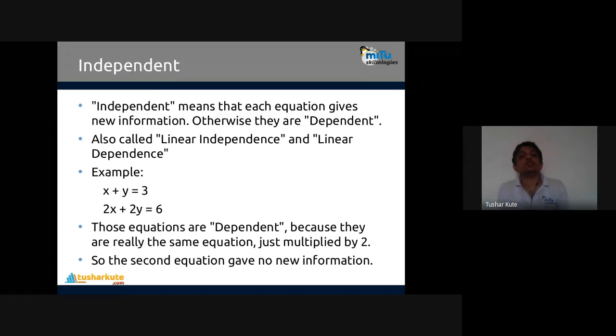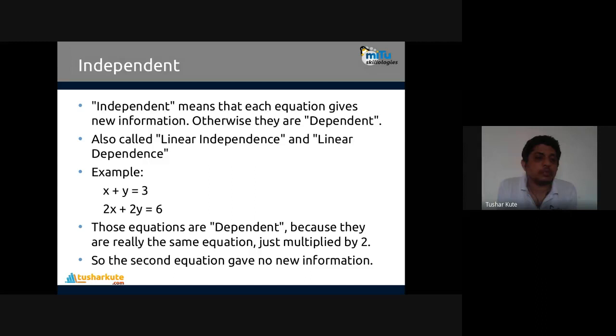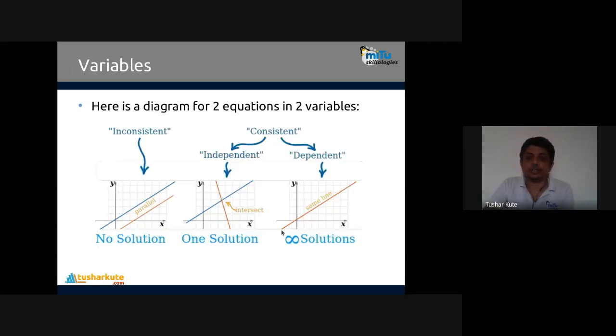I multiplied x by 2, y by 2, and 3 by 2. The second equation gives no new information, so they are dependent, nothing different in that. If you plot both equations, they will be on the same line. This one is dependent.